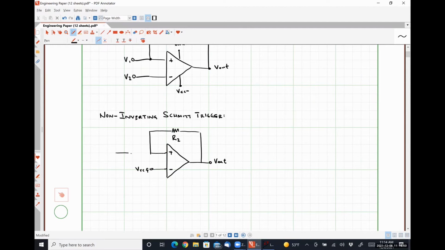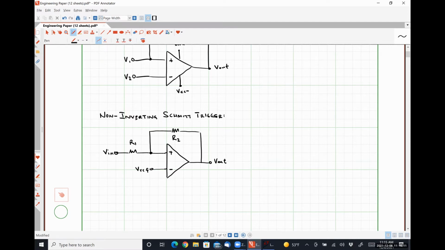And also going to put in our little biasing network here a resistor R1. And we apply our input signal at the other leg of resistor R1.